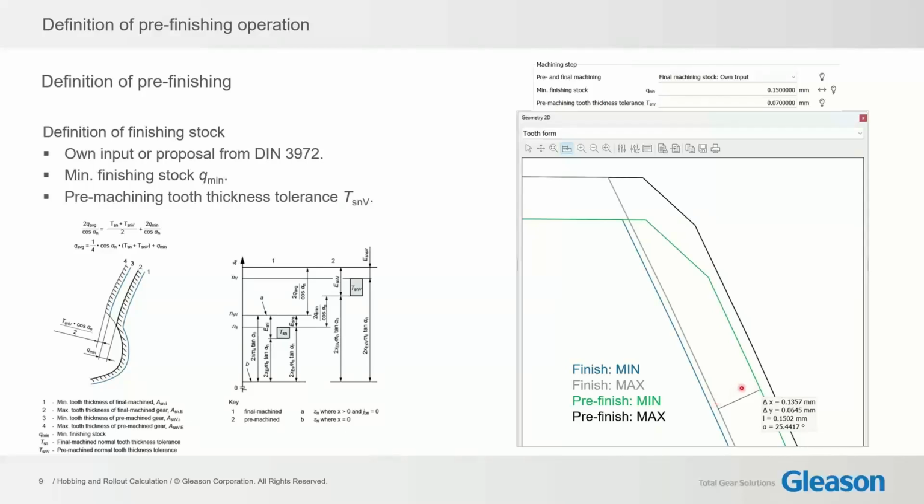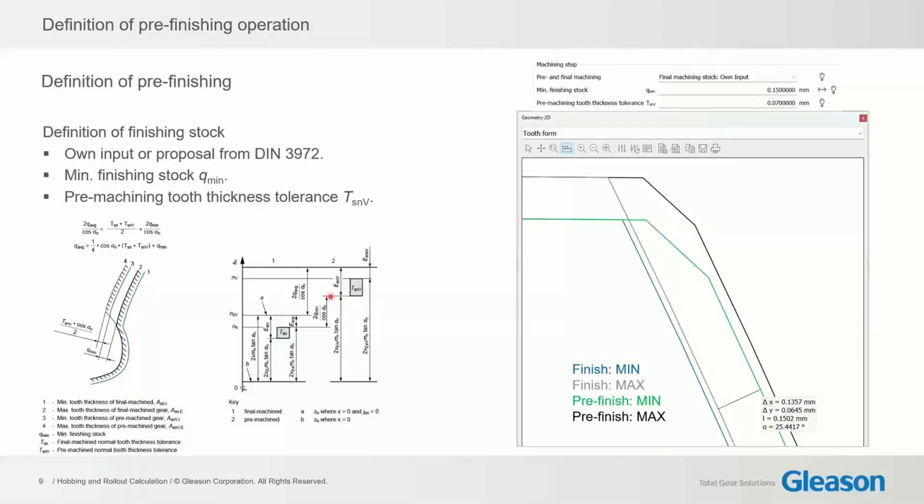So the distance between gray and green is, in this case, our Q-min, and this is 0.15 as we have entered here. If we check the picture from the new ISO 21771, we see that this Q-min is the distance between the maximum finish, which would be this line, and the minimum pre-finish, which is this line.